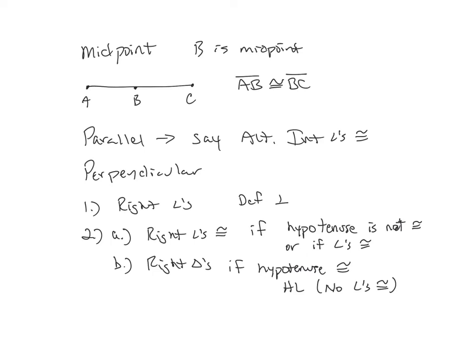So I will tell you that there is one problem where you are going to have right angles and you're going to say that they are congruent. And then there's another problem where you're going to have right angles and you're going to use hypotenuse leg. So kind of really pause for a minute on those ones. Okay? All right, so those are going to be the only three things that you're going to need to make a conclusion from the given.